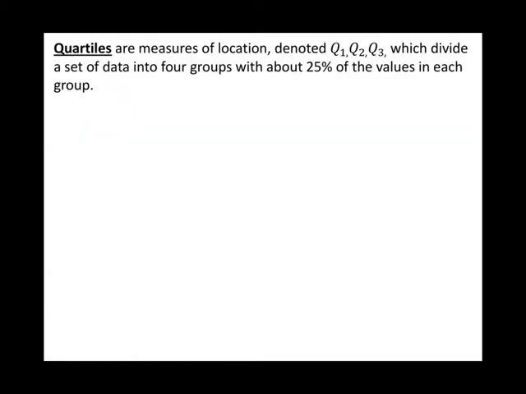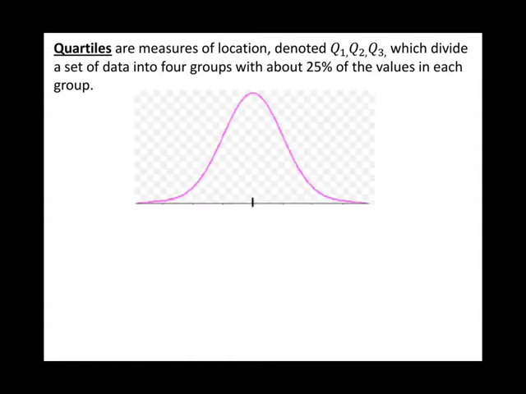Okay, next one, quartiles. Quartiles are measures of location, denoted Q1, Q2, Q3, which divide a set of data into 4 groups. Okay, look at this example. We're going to divide it into 4 parts here, and we assume you have an equal area for each part. So the first one we call Q1, then Q2, and Q3.